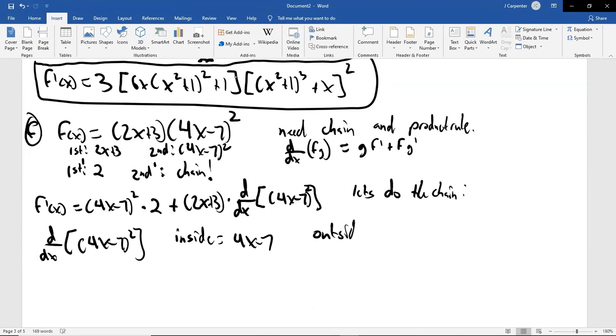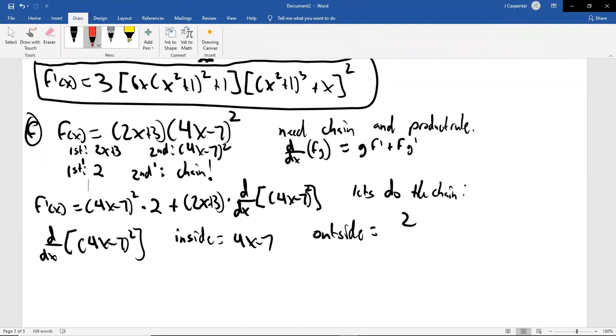The outside is the inside being squared. The inside I represent with the x, the red x. You could write in squared if you prefer that notation. It's up to you. Doing these derivatives, the derivative of the inside is just 4. The derivative of 4x is 4. The derivative of 7 is 0.